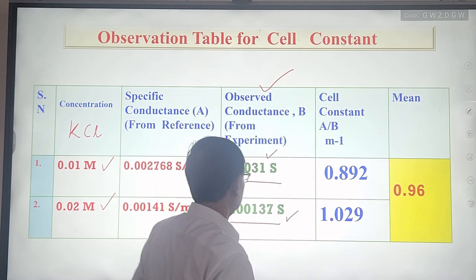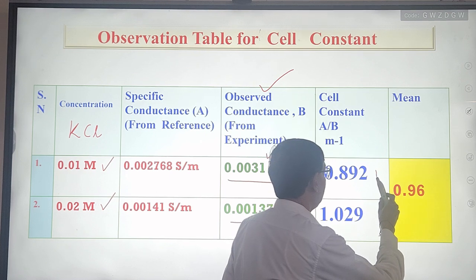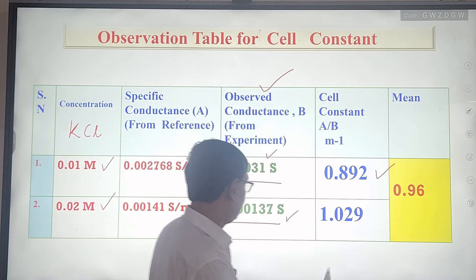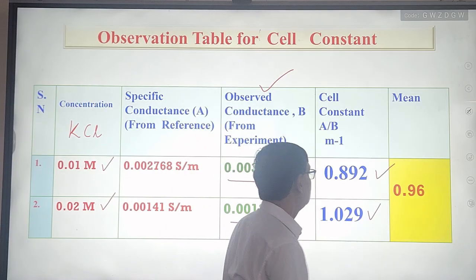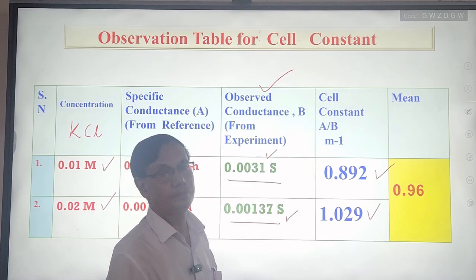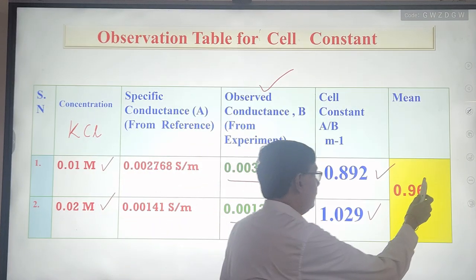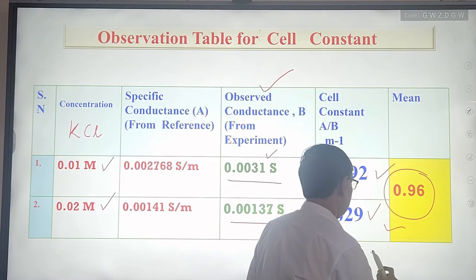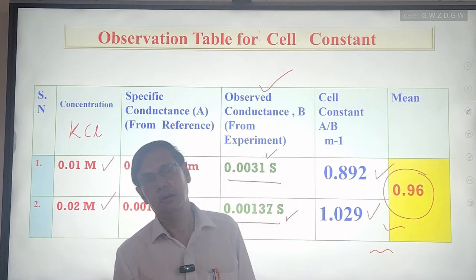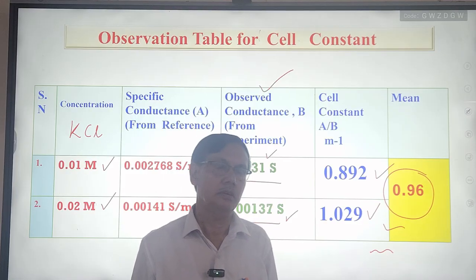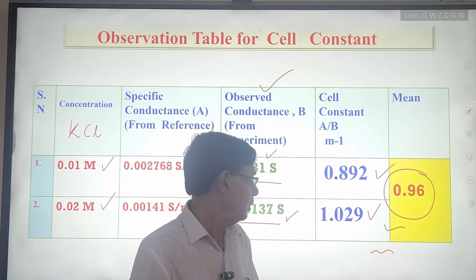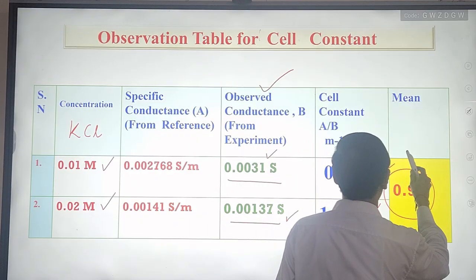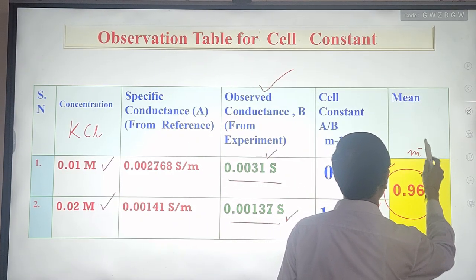So in first case, I am getting 0.892. For the second case, I am getting 1.029, and the mean value is 0.96. Okay, it is okay, no problem. Ideal value is 1. Maybe you know that meter inverse or centimeter inverse.